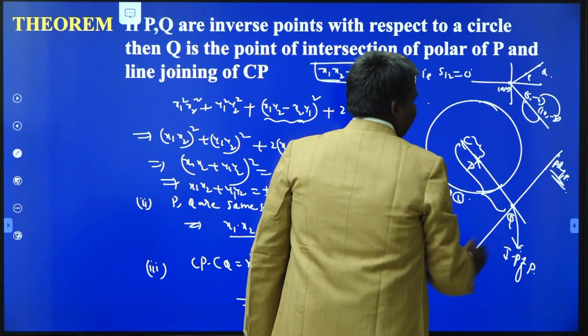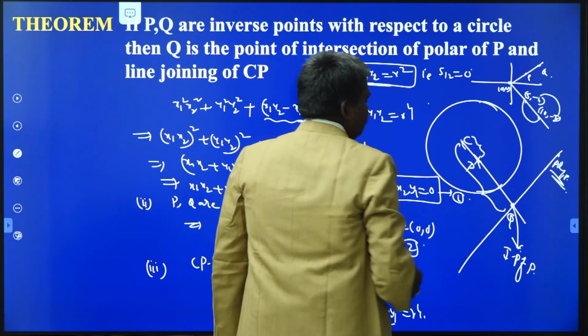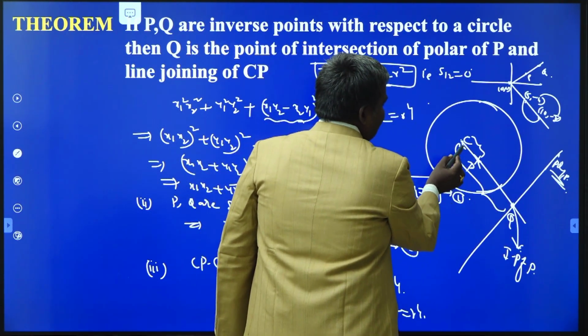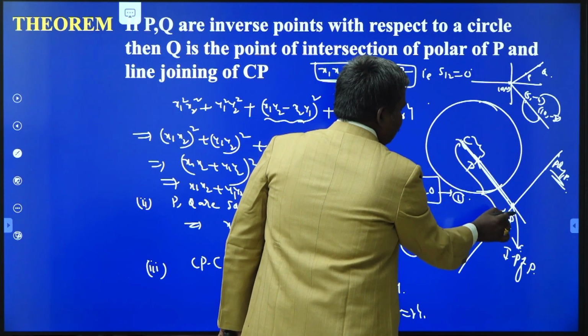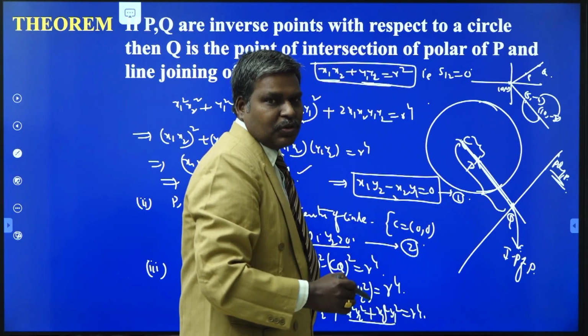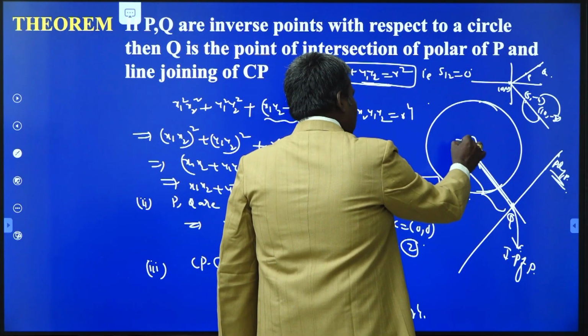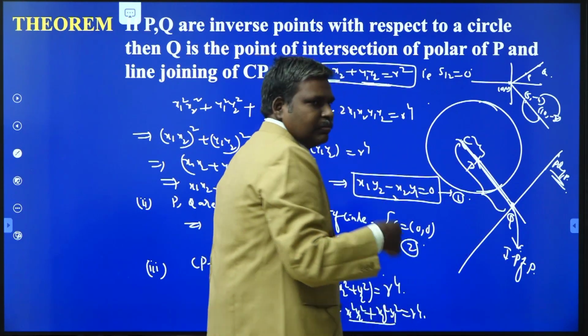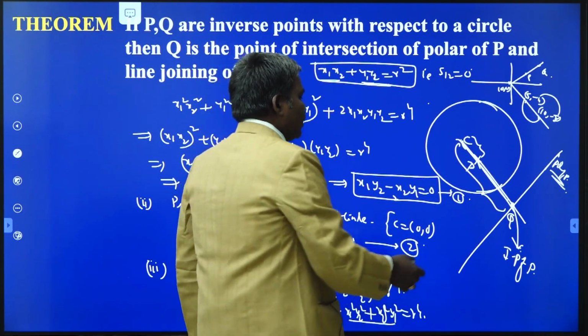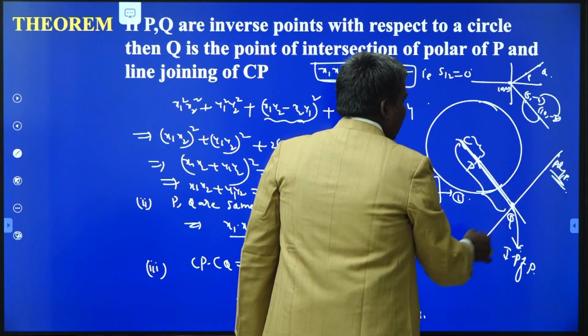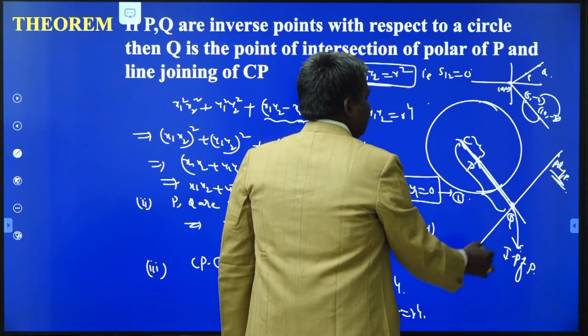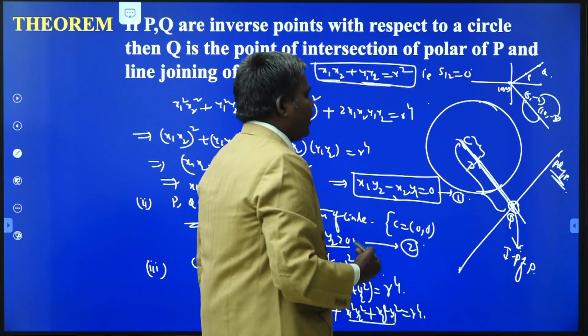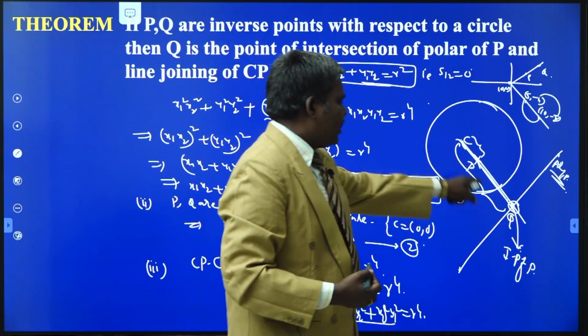This is the polar of P I am taking. Polar of P passing through Q. At the same time, C, P, Q are collinear by definition itself. So the line joining C and P passes through Q by definition itself. So Q lies on both the polar of P and the line joining C and P. So is it the point of intersection or not?